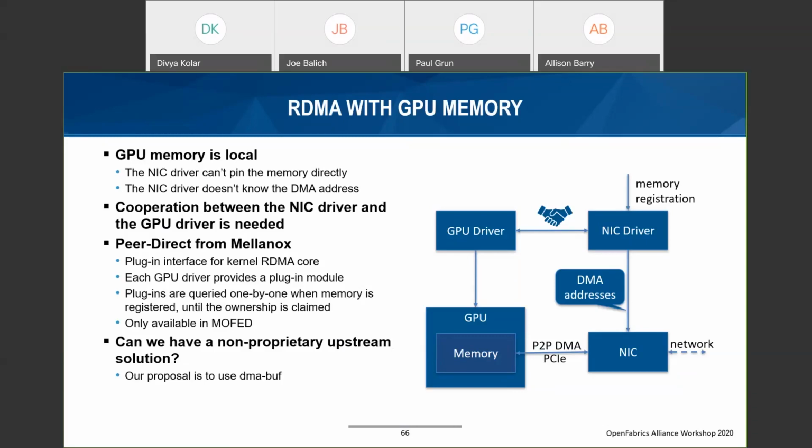One example of supporting this kind of operation is PeerDirect from Mellanox. PeerDirect provides a plug-in interface for the kernel RDMA driver. Each GPU driver will provide a plug-in module that implements a certain set of API functions that will be called by the RDMA core.